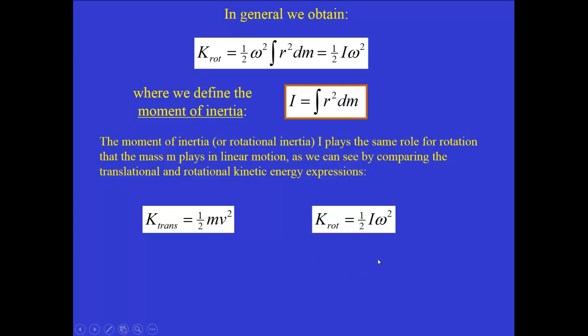And it's easy to see how this relationship carries over if we take the translational kinetic energy expression and replace m with the moment of inertia I, and then in turn replace the translational velocity v with the rotational velocity omega, we get the same expression. So I hope you'll see that really what we've developed here, although it's a new equation, is very analogous to the same expression that we had for translational motion.